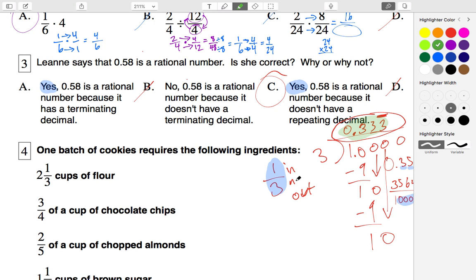Even though I divided 1 over 3 to get this, the fact that it's a non-terminating decimal means you would say it is not a rational number. So it depends on what you start with. If I have 0.33333 and it goes on forever and that's what I gave you, you would say this is not a rational number because I wouldn't be able to represent this as a fraction. But you won't be asked that in depth on it.